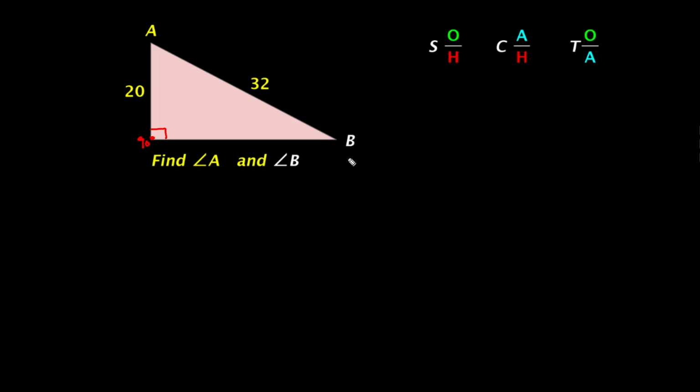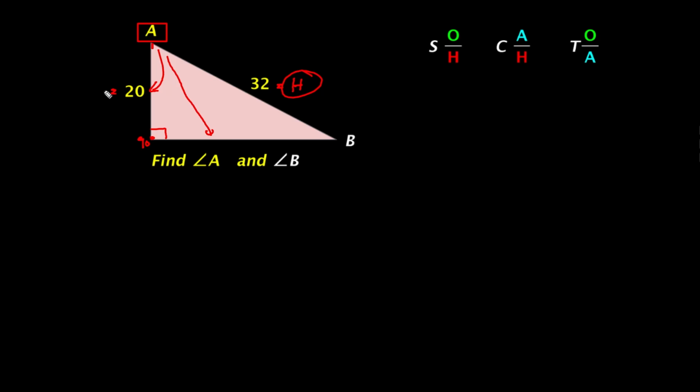So obviously, by alphabetical order, let's find the angle A. When we decide angle A as our theta, that becomes the adjacent side, that becomes the opposite side, and that becomes the hypotenuse.